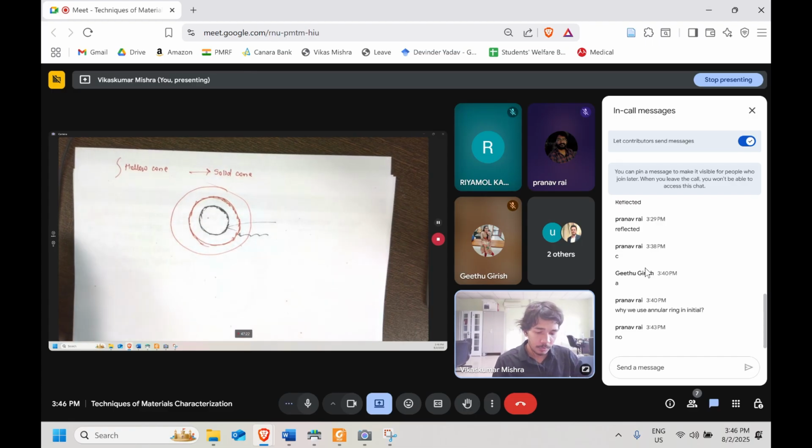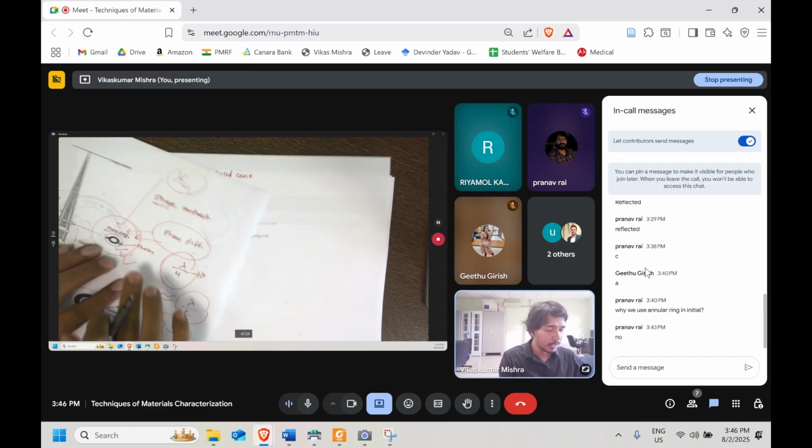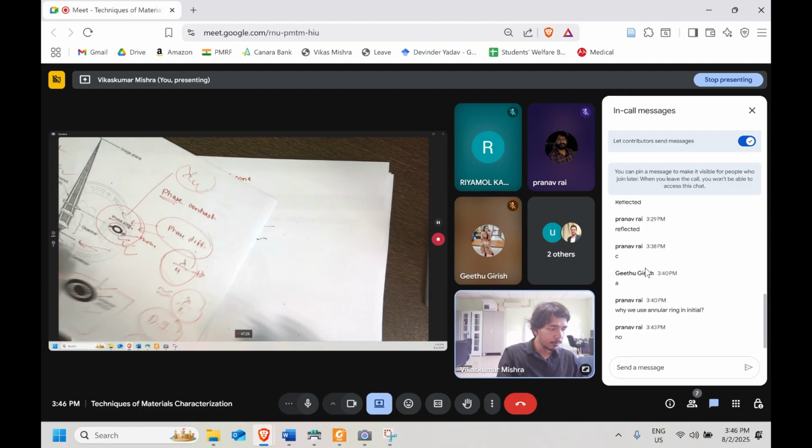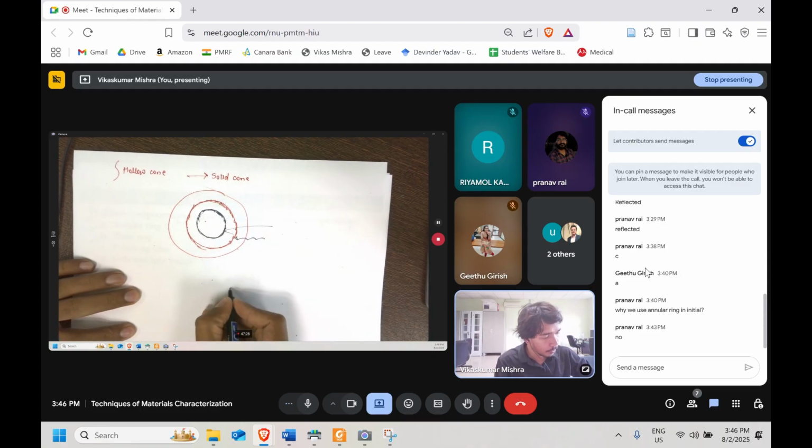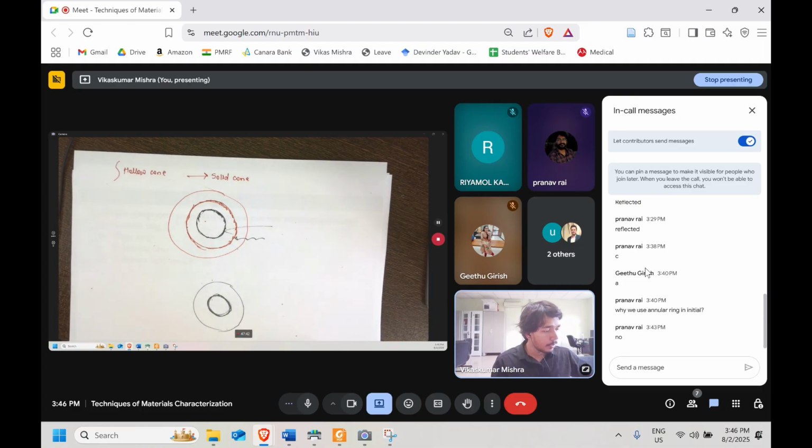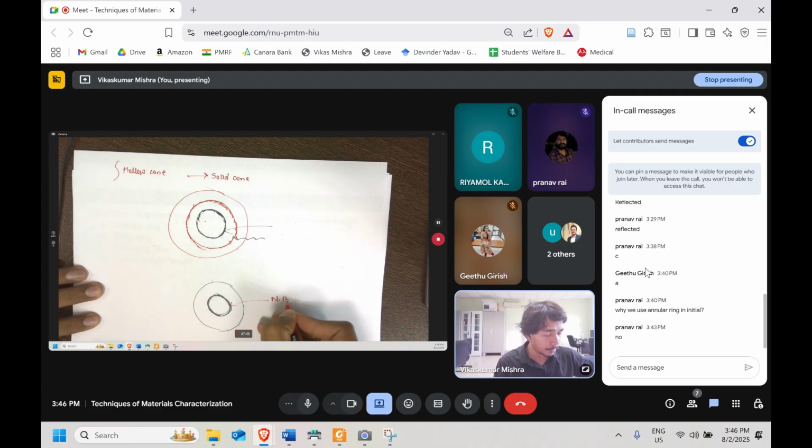So now we are having the face plate also. The face plate is having some thing over here. This is the one which is letting the non-diffracted beam to pass.